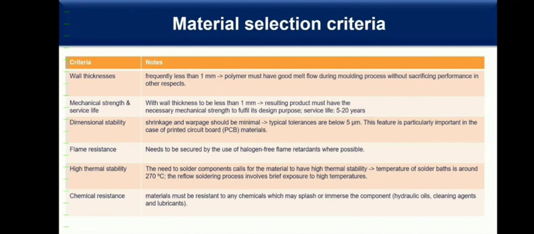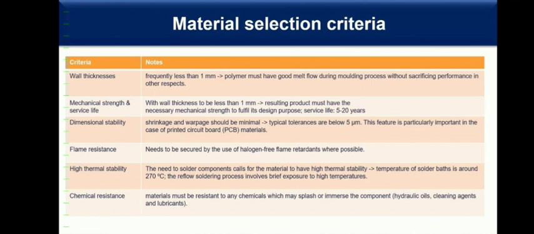So you have to imagine, when you have thin wall thicknesses of less than 1 millimeter, the product itself also needs to have the necessary mechanical strength to fulfill the design purpose over the whole service life. We talk here typically of up to 20 years. Another important criterion is dimensional stability.